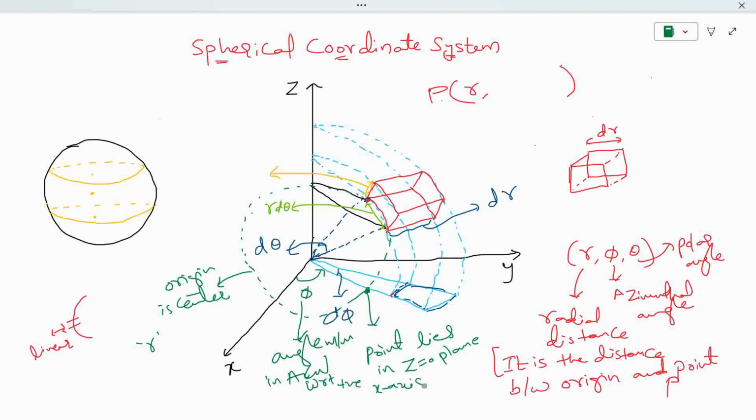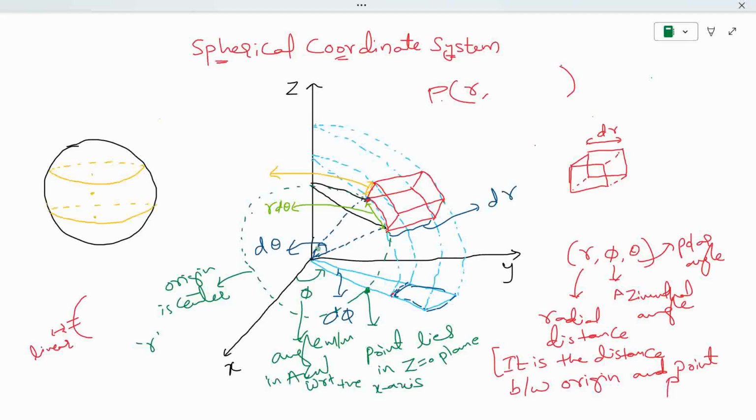The words might be many in describing that, but conceptually it is very simple. You can understand easily what I am talking about here. So now we know that this is phi. We have taken a differential length element here, so this will be d phi.